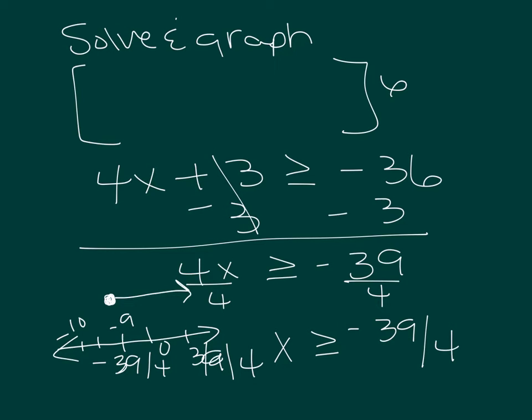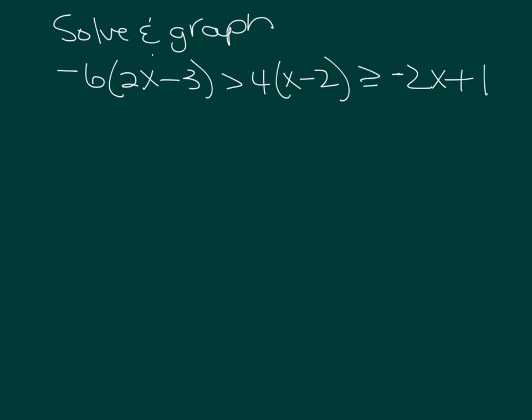Okay? Problem number 3. Problem number 3 is a compound inequality. So pause the video and solve it and graph it. Now this compound inequality is automatically an and because it doesn't say or. So I'm going to split it into 2 inequalities, and I'm going to make sure I write the word and in between.